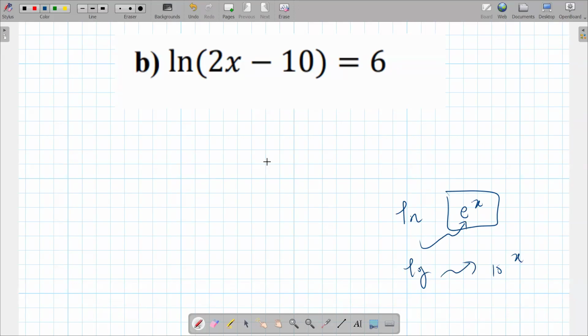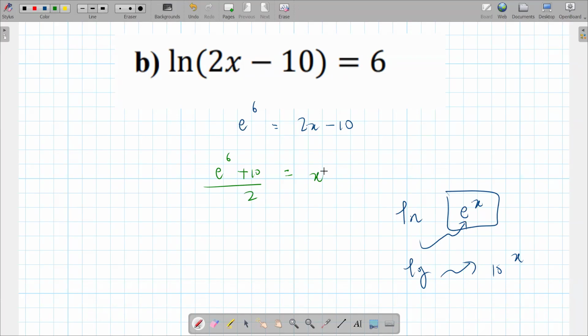That's the only difference. So here, we're just going to do what we did in the last question. The base to the power of this is equal to this. So here, it's going to be e to the power 6 equals 2x minus 10. And e to the power 6 is just a number. It's like pi to the power 6. So here, e to the power 6 plus 10, divided by 2, would be your x.